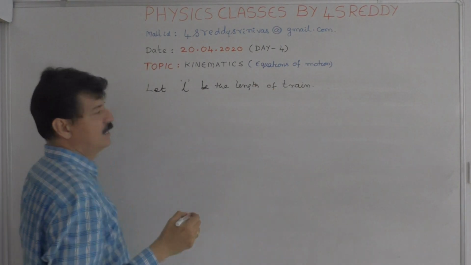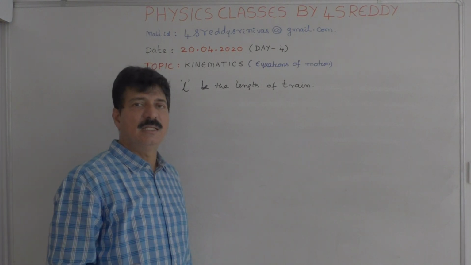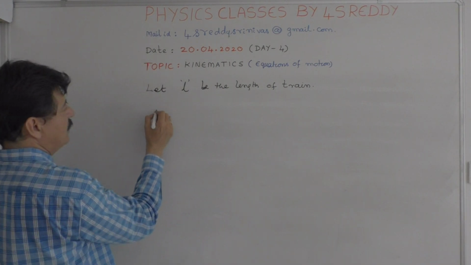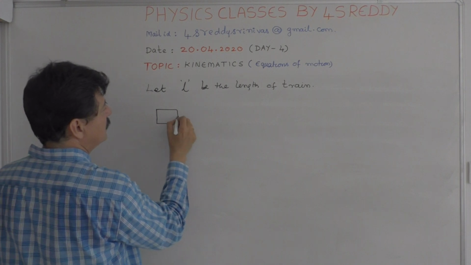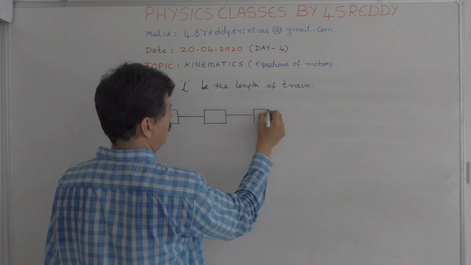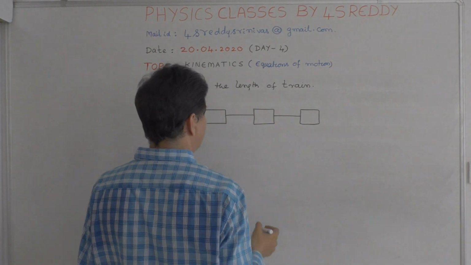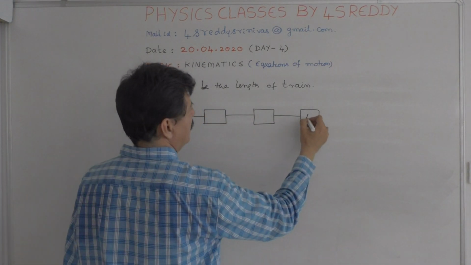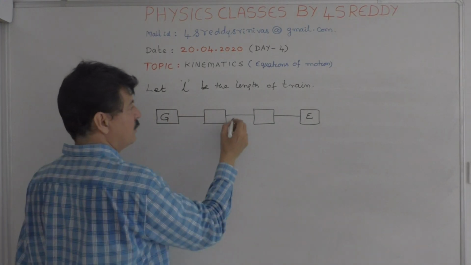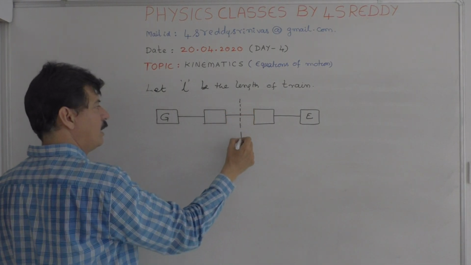That's first we have to assume. Whenever you consider a train, there exist some coaches, an engine, as well as the guard. Just for convenience, to understand in a better manner, let us say this is the engine and this is the guard, and these are all the coaches. So suppose this total length is L, and this is the midpoint I am assuming.